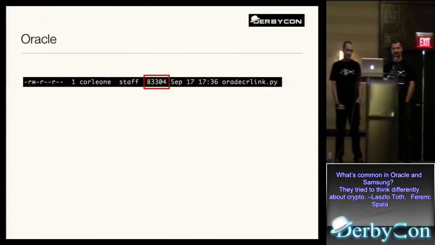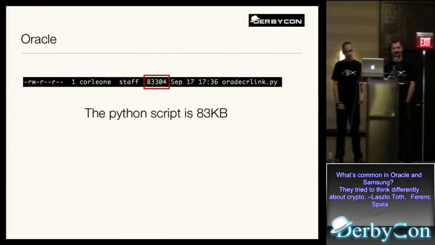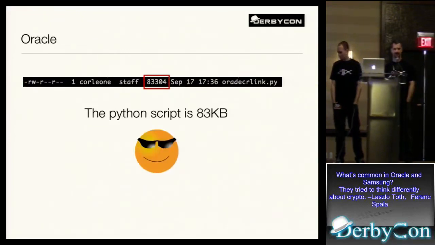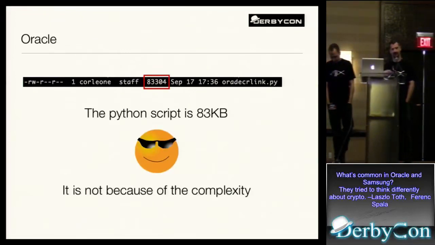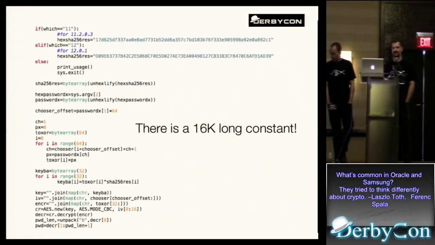The algorithm is so robust, the Python script itself is 83 kilobytes long. Okay, I'm joking, it's not so complex. It's not long because of the complexity. The algorithm itself is fairly simple. It takes only 1 page, but there is a 16K long constant in it.